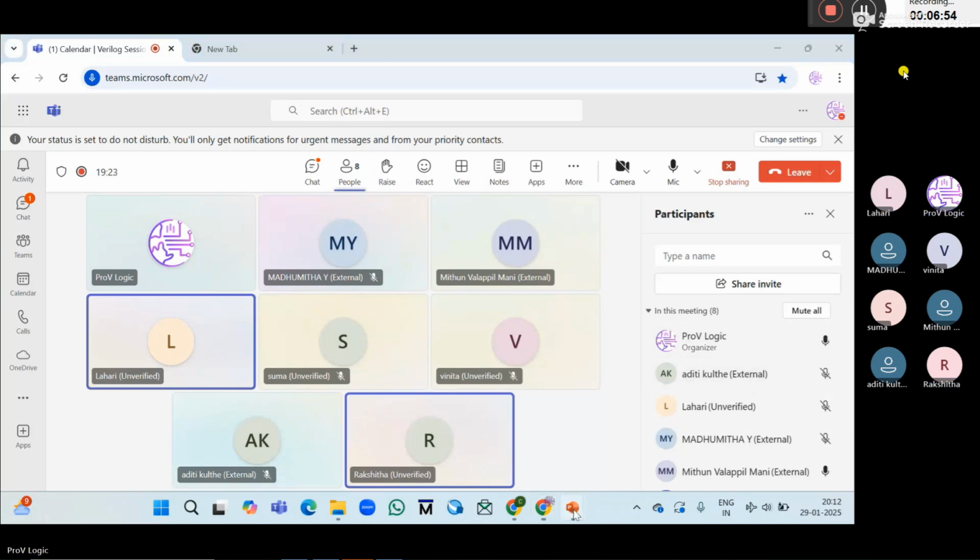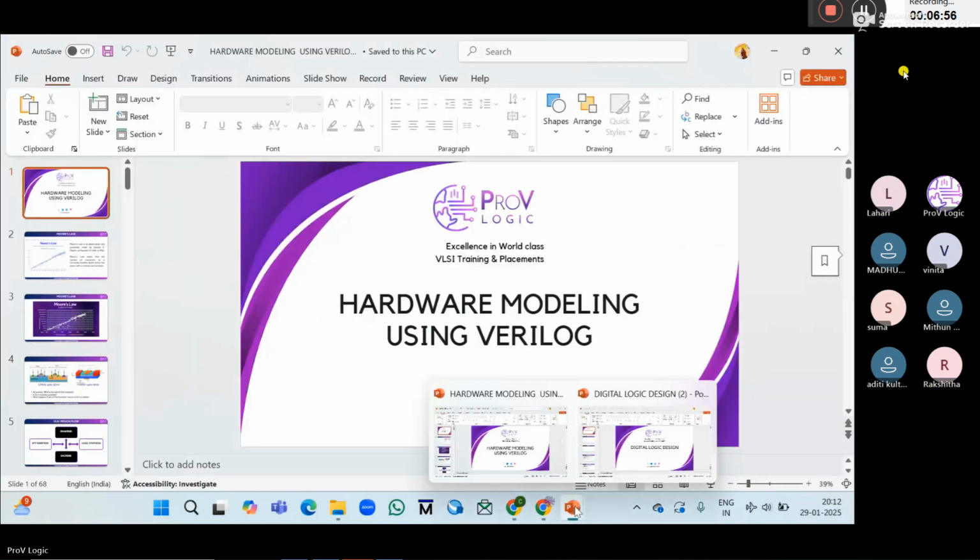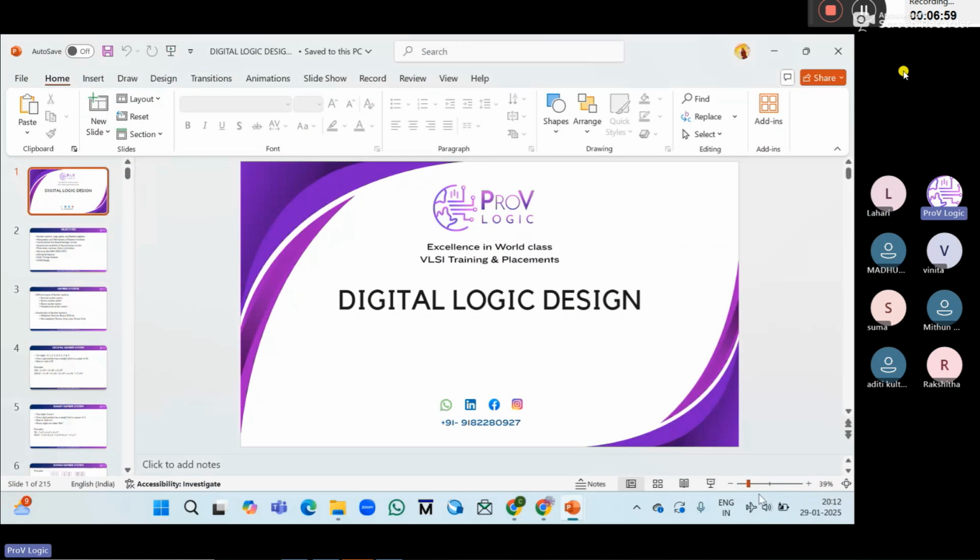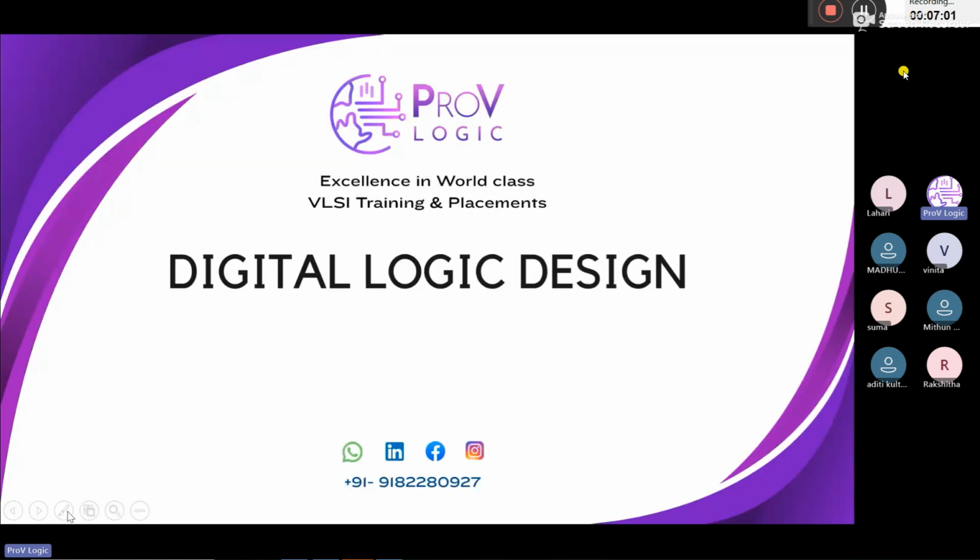Suppose we need to withdraw an amount. To withdraw the amount, we need to select the withdraw option here. After selecting the withdraw option, it will go to the next state. Suppose we need to enter our ATM card pin. So here in state 3, we need to provide the pin number.